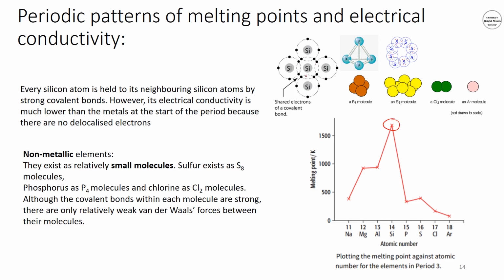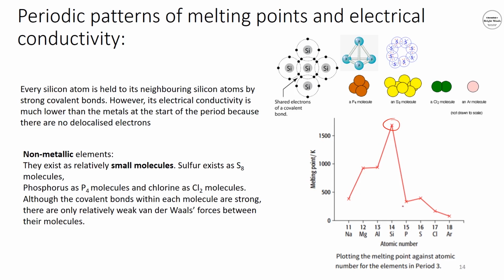This is why this giant molecule would need more energy to melt the silicon. So you could see that silicon has the highest melting point compared to metals and non-metals.